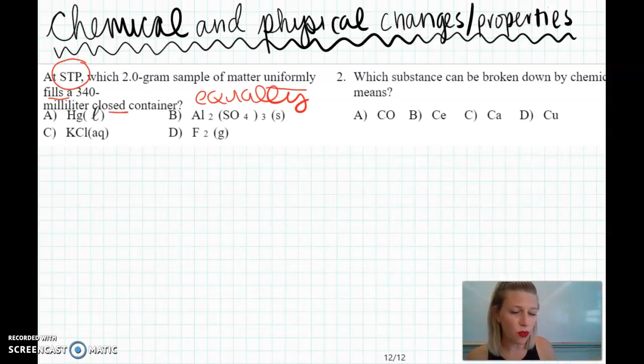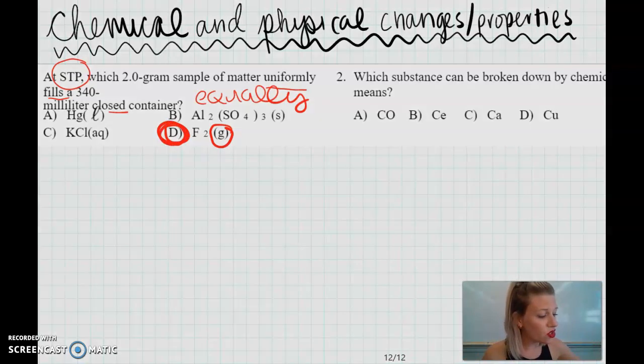Now, that's not actually what's going to help us answer this question. What's going to help us is the phase of matter. So which phase spreads out evenly to distribute itself amongst the container? That is going to be the gaseous phase, and therefore the correct answer should be letter D.